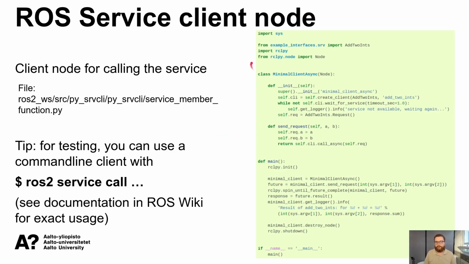As for the code, again, quite straightforward. The main difference here is that we are importing sys, which is because when you run this node, you provide the two integers as input arguments to the actual command line running of this client node.